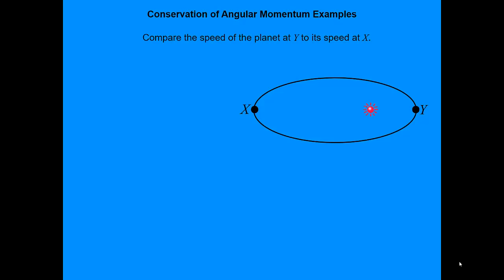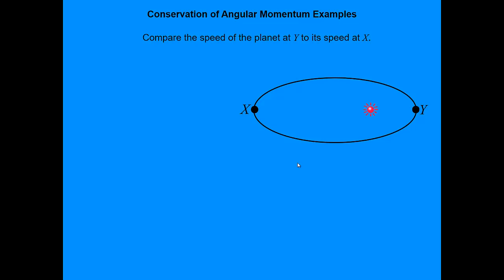Okay, now let's look at a problem where we have particles and conservation of angular momentum. So in this case, we have a planet, and the planet is orbiting around a sun. I want to compare the speed of the planet at y, over here, to the speed of the planet at x. How will those speeds compare?